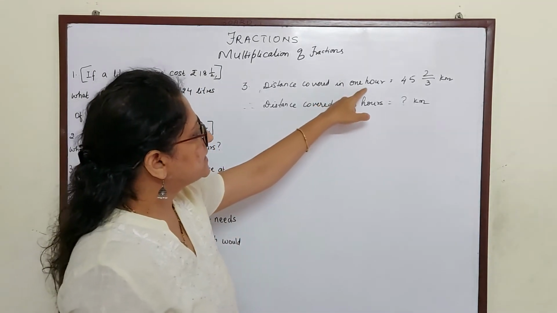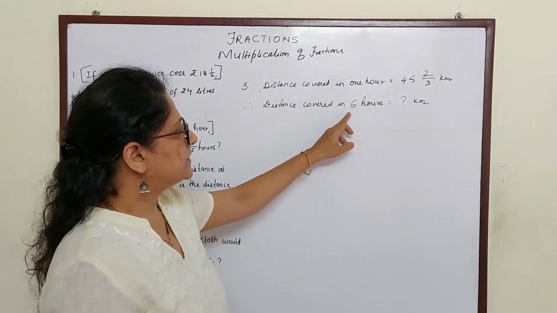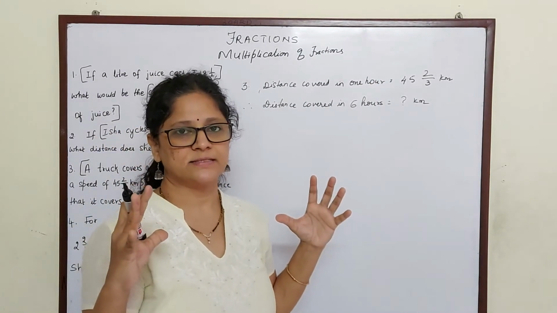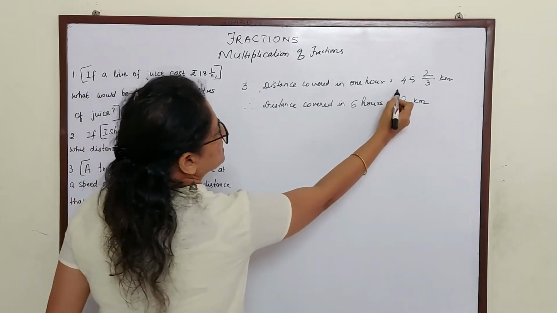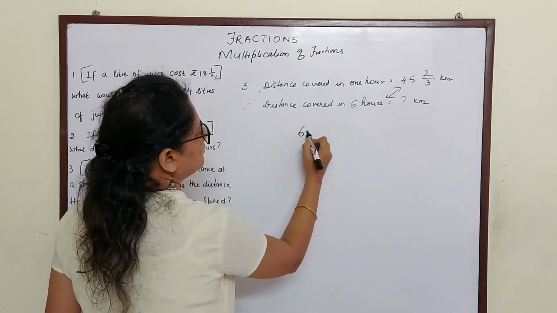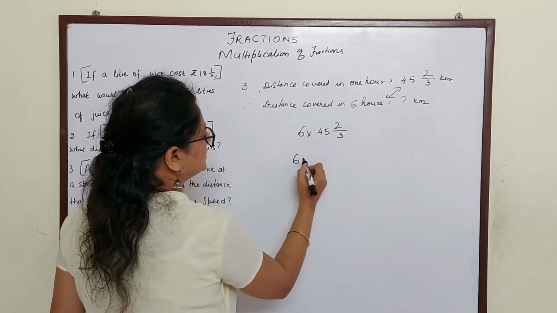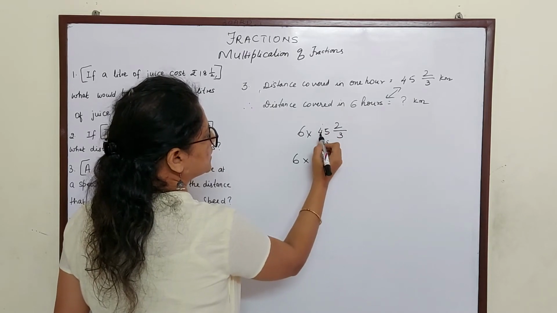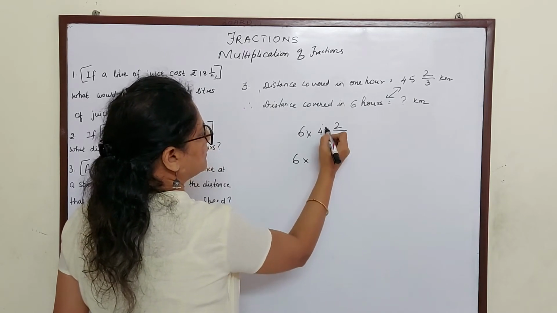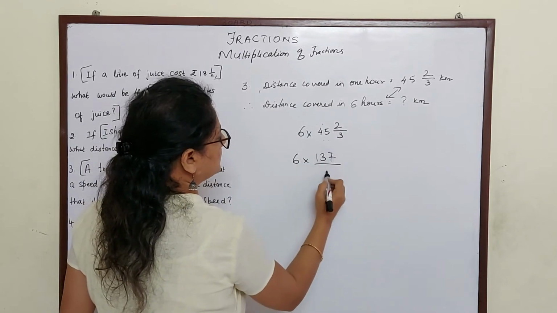Now here you can see clearly, children, information about 1 is given and information about 6 hours is asked. So what will you do? Yes, you will cross multiply. So 6 into 45 2 by 3. Let us multiply: 3 5s are 15, 3 4s are 12 plus 1, 13, 135, 135 plus 2 is 137 by 3.